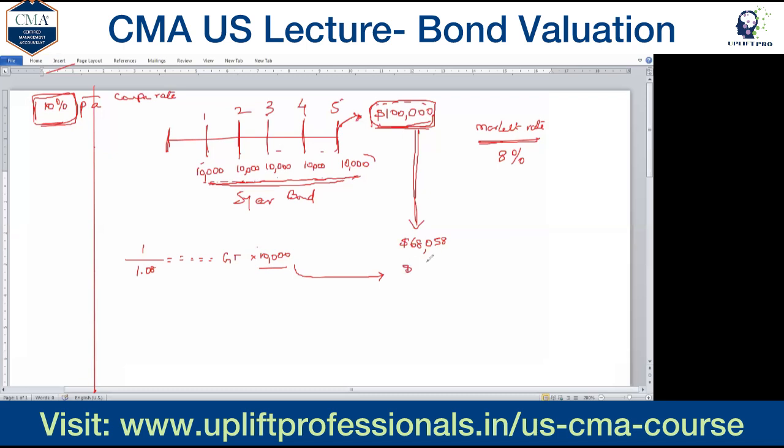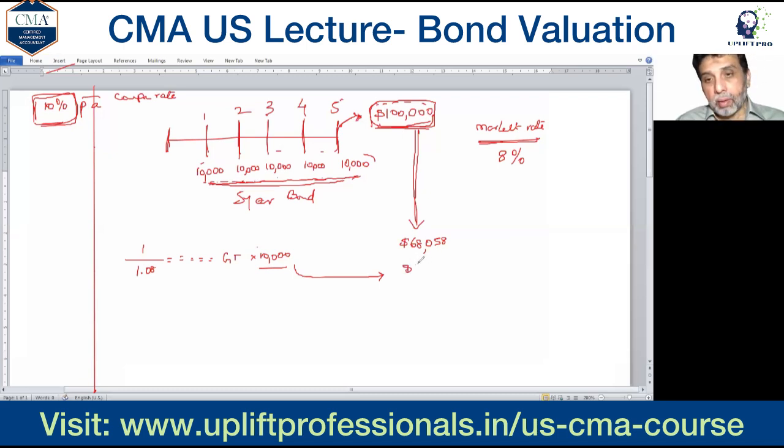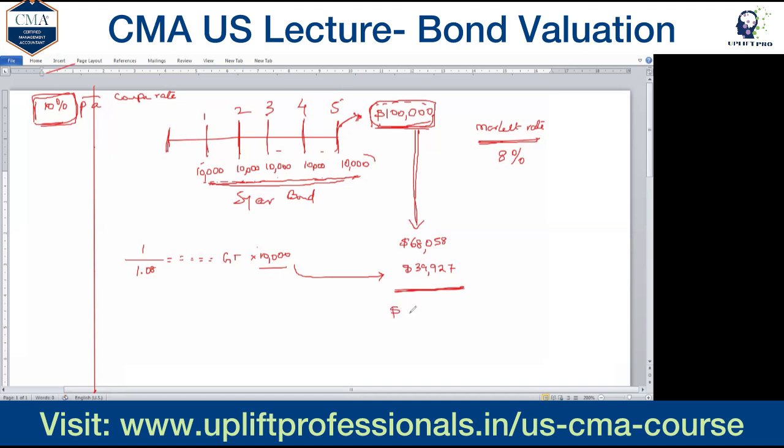39,927. Correct. And I also got that amount. Now, the sum of these two amounts will be your bond value. And it should be more than 100,000, otherwise it will be wrong. How much is it? 107,985, sir.